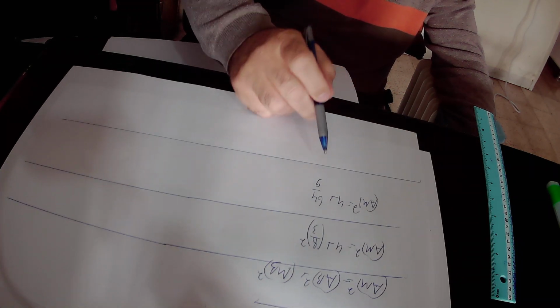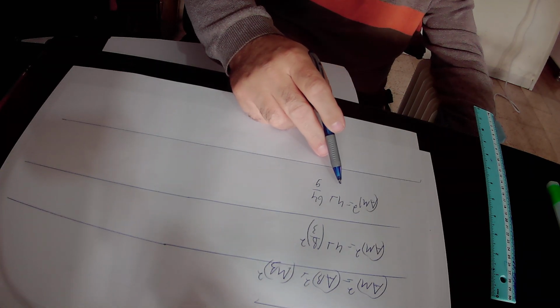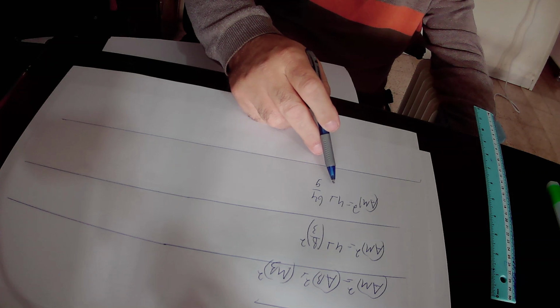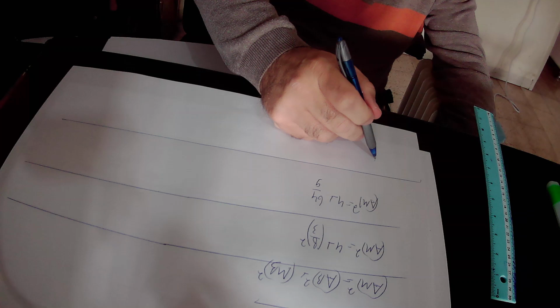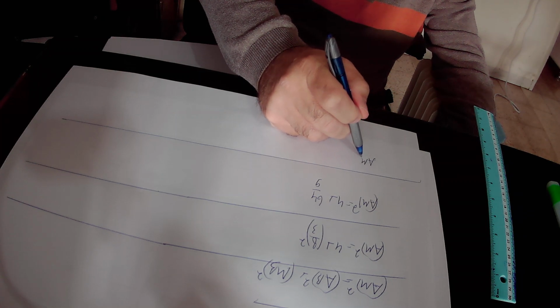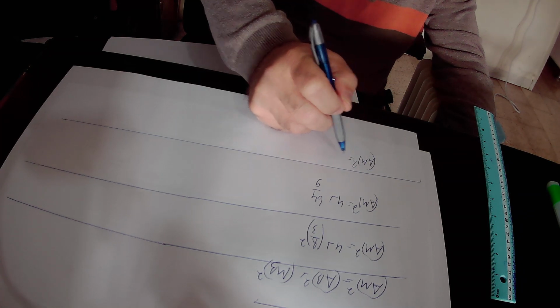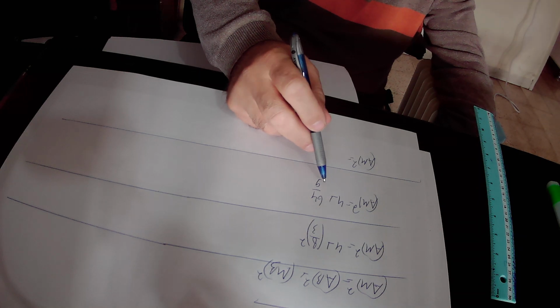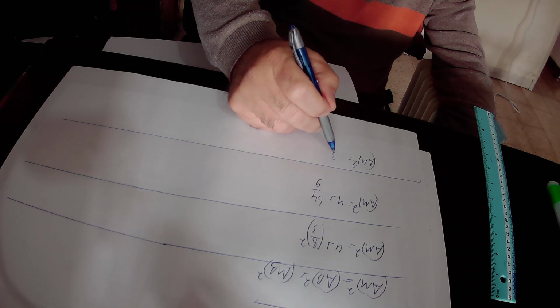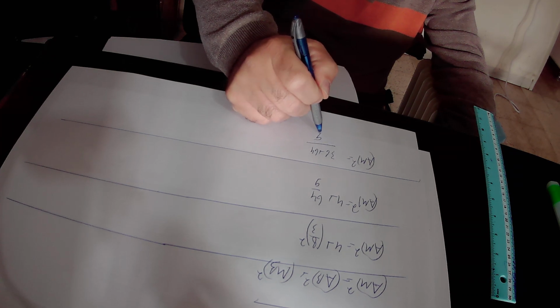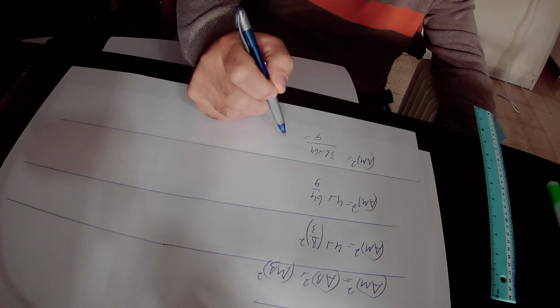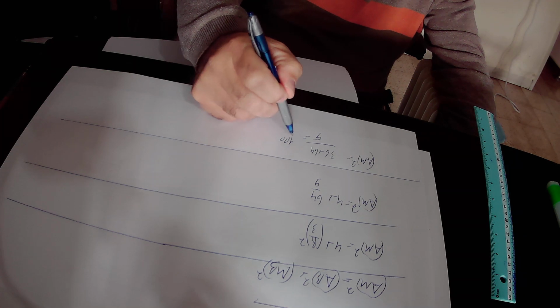We multiply 4 by 9 and divide by 9 in order to have a common denominator with 64 over 9, and we get that AM squared equals 4 times 9, that's 36, so in the numerator we have 36 plus 64, over 9. 36 plus 64 is 100 over 9.